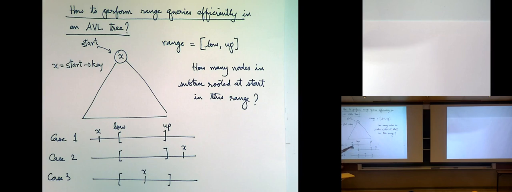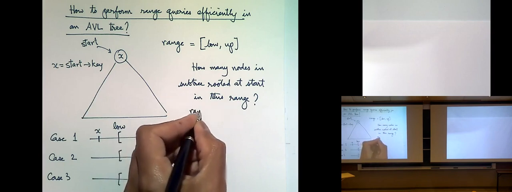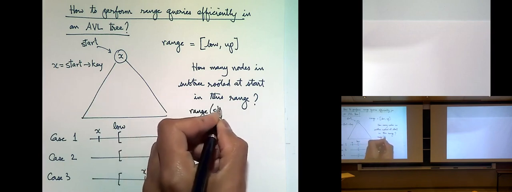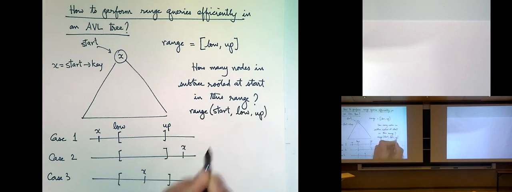Okay, so what happens in case 1? I claim that you can make a simple recursive call. You want to go right, because anything to the left of x is going to be here, so it's not going to lie in the range. You only have to make a call to the right. Suppose your function is something like range(start, low, up).